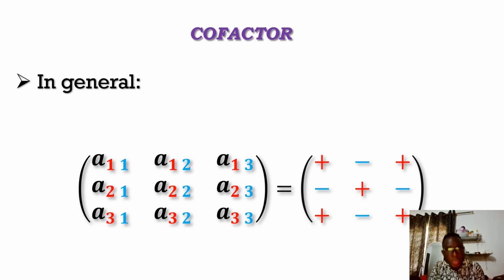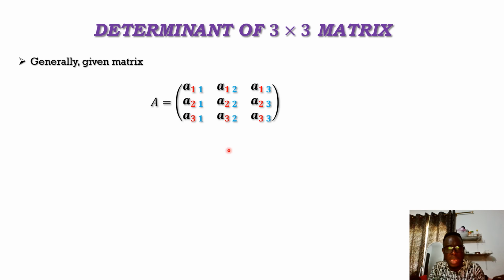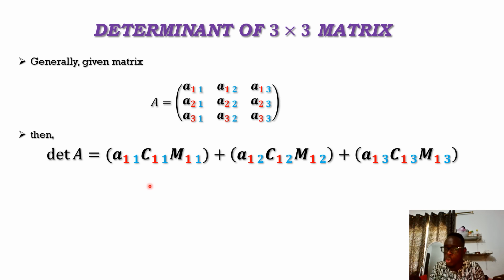So now, what are we going to do next to understand the determinant of a 3 by 3 matrix? Generally, when we are given a matrix of this nature, which is 3 by 3, and we want to find the determinant, how do we do it? The determinant, denoted as det of A, will be equal to, look at this particular format very well, and this will help you to understand the concept easily.